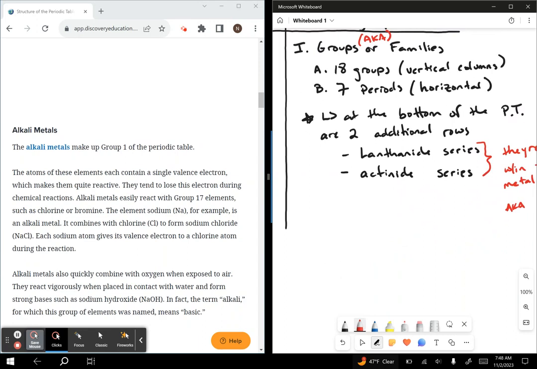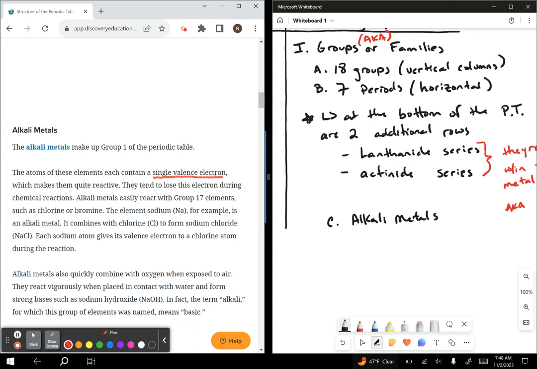Okay, so let's talk about letter C here. Alkali metals. They have a single valence electron.